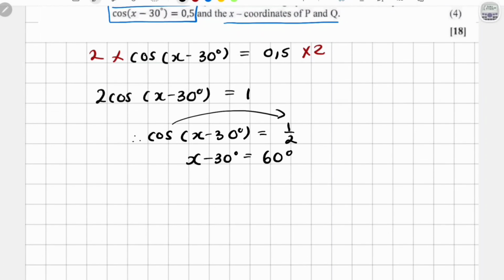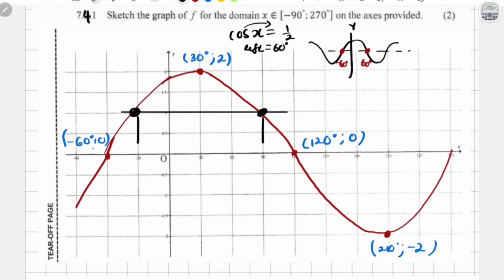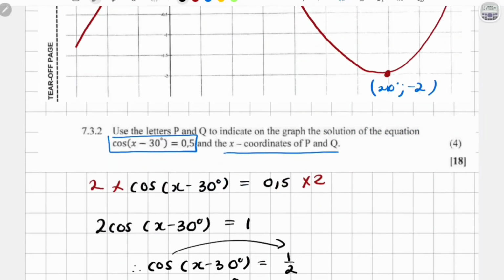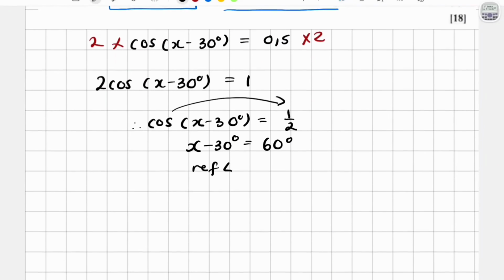If this was my reference angle, which is really what I was supposed to call it, I showed you that on the original cos graph, when we're trying to find where the y value is a half, it happens at positive 60 and negative 60, just because of the way the cos graph works. It's symmetrical.